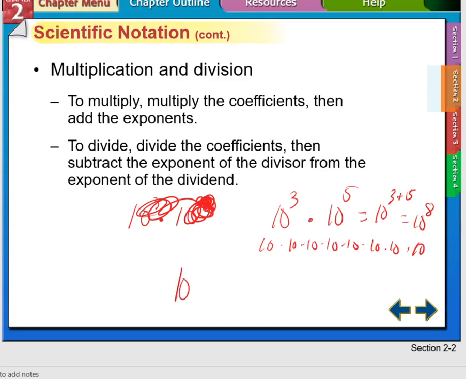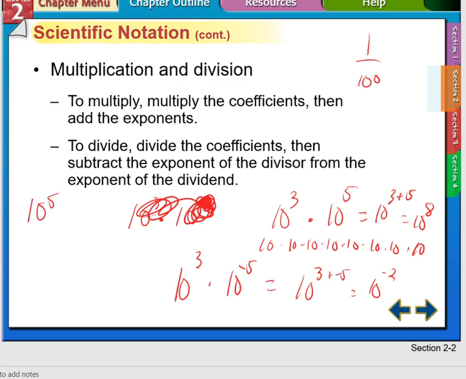But what if it was 10 to the 3rd times 10 to the negative 5th? Well, you'd still add them. So it's 10 to the 3 plus a negative 5, which is equal to 10 to the negative 2nd. Which is 1 over 100, because you'd move this down. That's actually 1 over 100, or 1 over 10 to the 2nd. If you divide, you subtract.